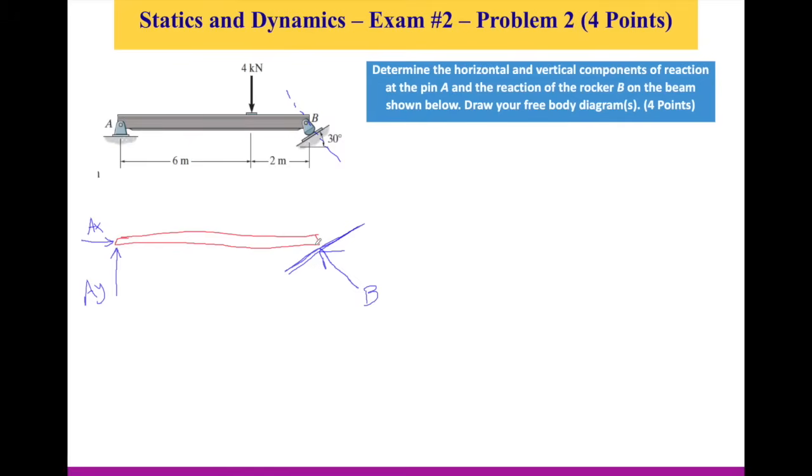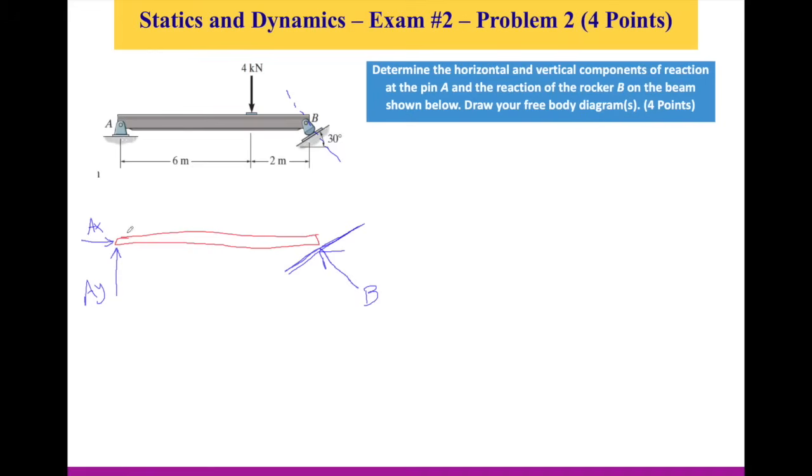Your reactive force should always be perpendicular to the direction of movement or the surface. So for AX, the surface that the pin is preventing movement along is this surface, which means that AX is perpendicular to that surface. Let me draw it in a different color just to show you what I mean. So let's do green.